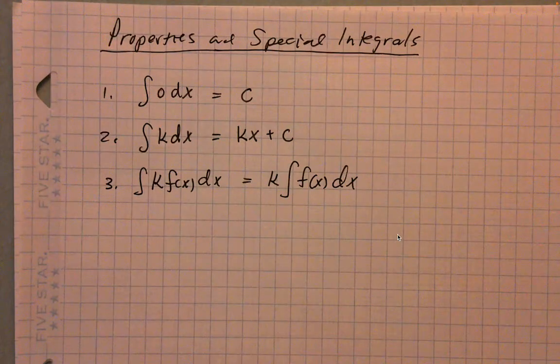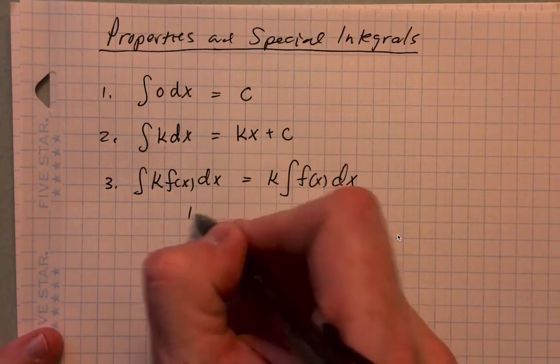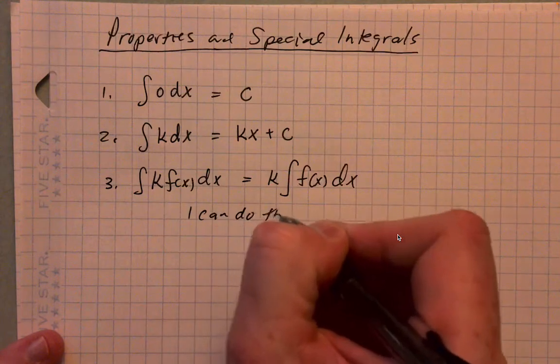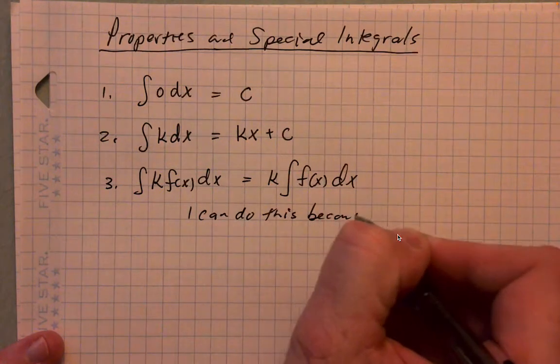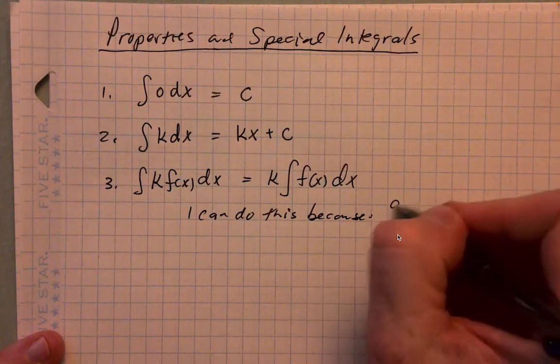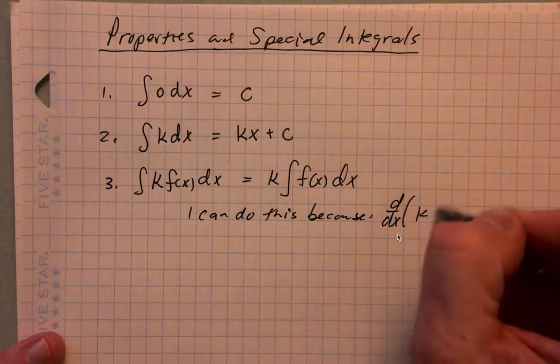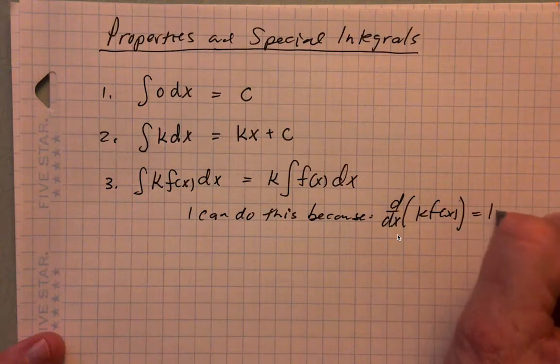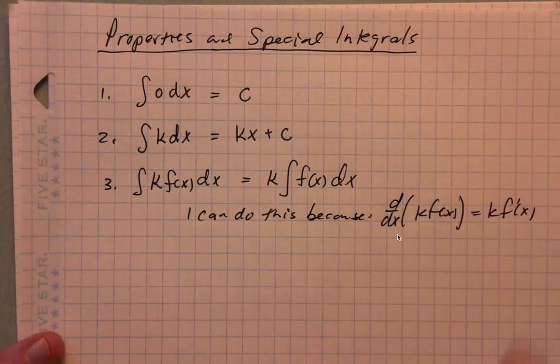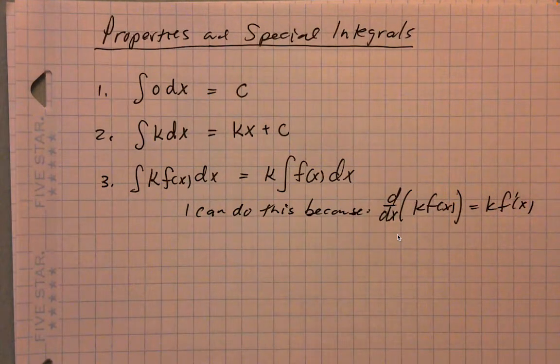So integrate f, multiply it times k. And I can do this because I can do it with the derivative. d dx of k f of x is equal to k times f prime of x. We know that from our differentiation. I can pull the constant outside of the derivative, differentiate the function, and then multiply it times the constant.